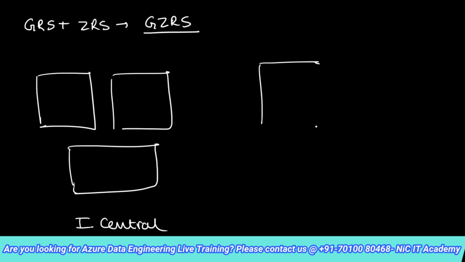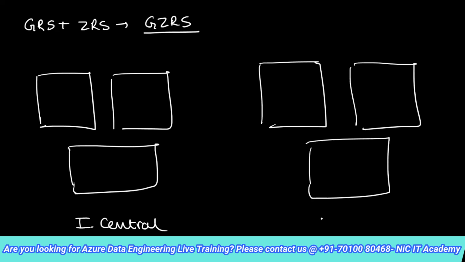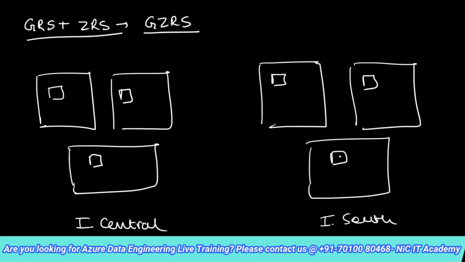And within the other region, I have multiple data centers again. Let's say this is India South. So sum of GRS and ZRS will mean that I create three copies in three zones here and three copies in three zones here. Is this clear? The multiple types of redundancies that you have with the storage account? Yes or no?